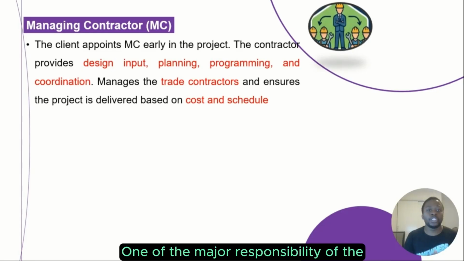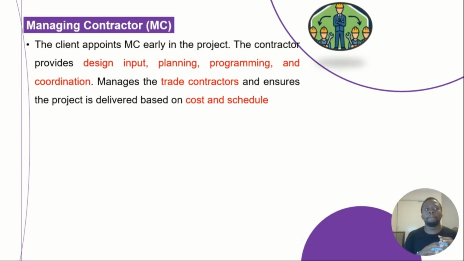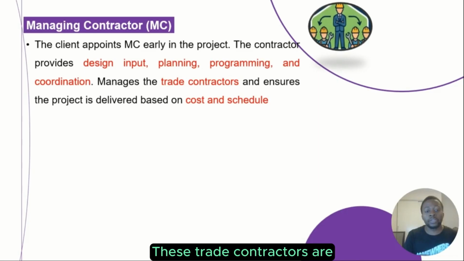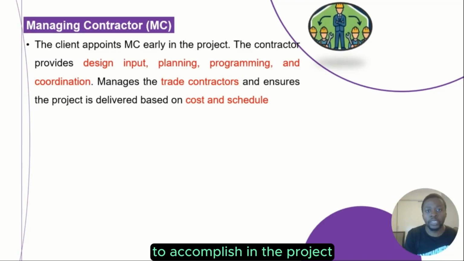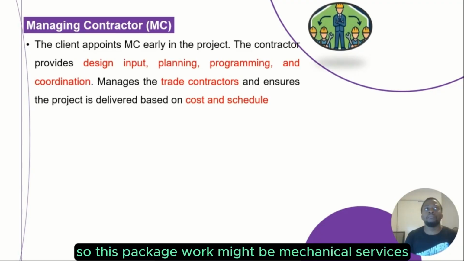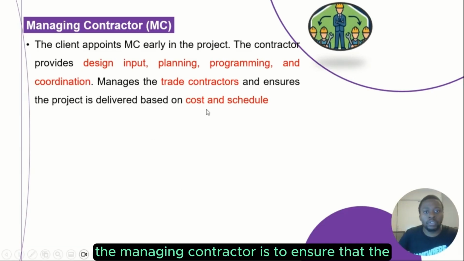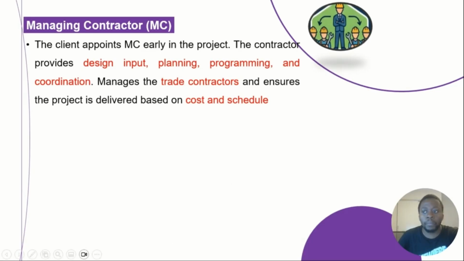One of the major responsibilities of the managing contractor is to manage the trade contractors. These trade contractors have a package of work to accomplish in the project. The package of work might be mechanical services, electrical services, or plumbing services. And the managing contractor is to ensure that the project is delivered on cost and schedule.